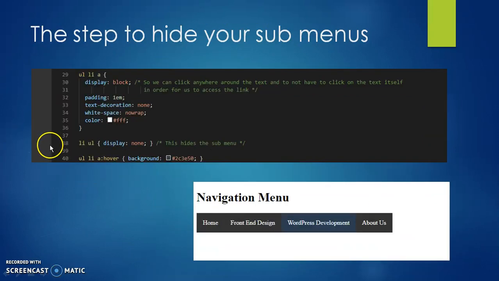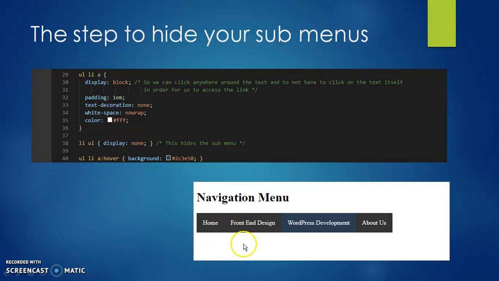The next step is to hide the submenus so that we can see our navigation bar and work on it for a little bit. So we have display block. I want to talk a little about that, because display block is very important when it comes to navigation. If you don't have display block, you have to click the text itself before you can click the link.